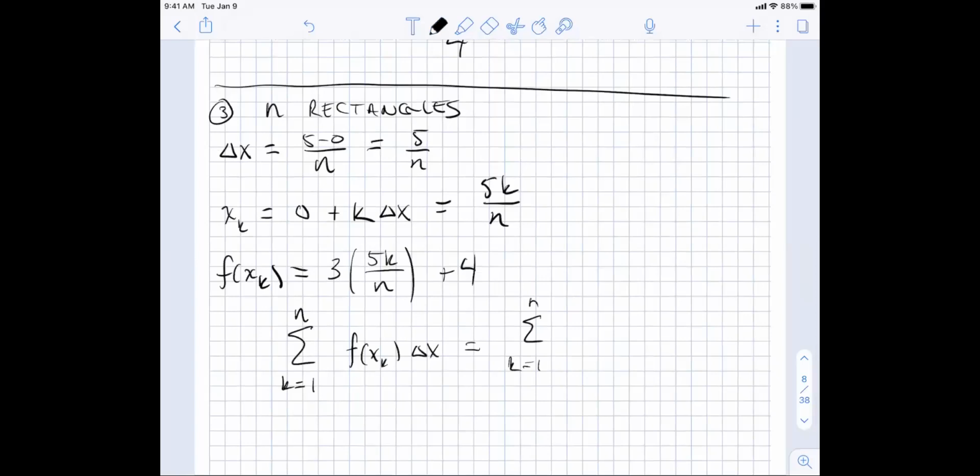Okay, f of xk, well, that's this right here. 3, I'll simplify this to 15k over n plus 4. There's f of xk, and then delta x is 5 over n.